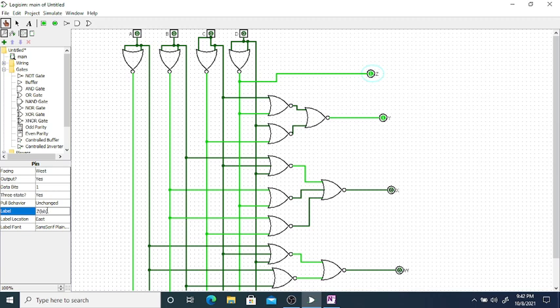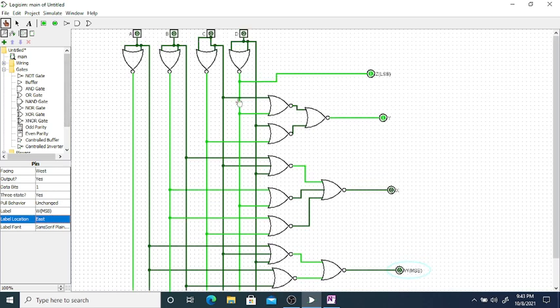So this is our LSB bit, and W is MSB bit, so we can name it as MSB.